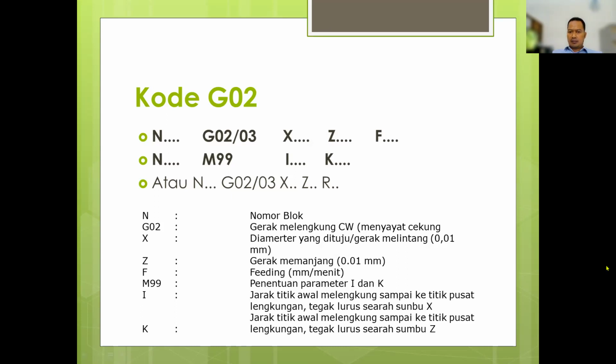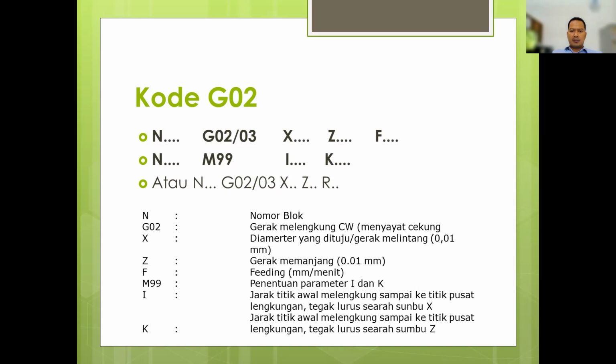The code will use the format of N, then G02 or G03, then X, Z and F, followed by N, number of block, then M99, and then I and K. This is the basic format.